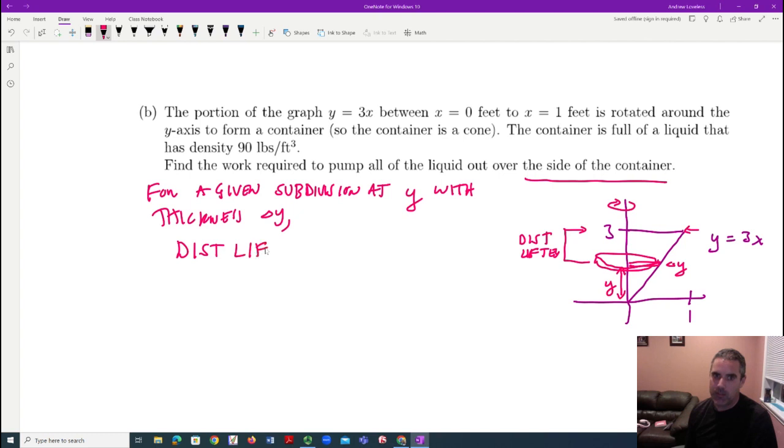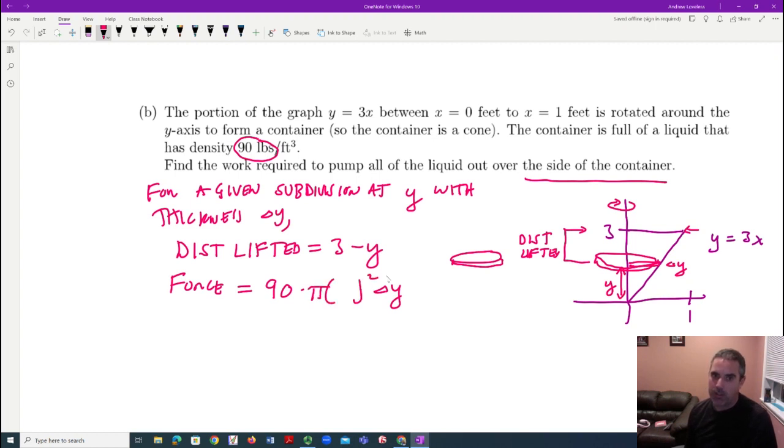The distance lifted is equal to 3 minus y, and the force is equal. Now this is pounds, which is a force, is going to be 900 times, and now the whole question is, what is the volume of this thing? And the volume is going to be delta y times the area. And what's the area? The area is going to be pi times the radius squared.